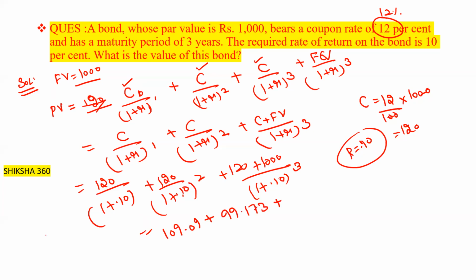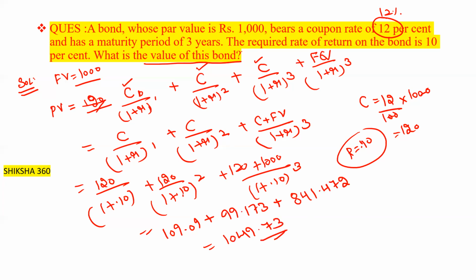Plus 1120 divided by 1.1 power 3, which gives 841.472. So 841.472 plus 99.173 plus 109.09, approximately we will get 1049.73. So this is the value of the bond.